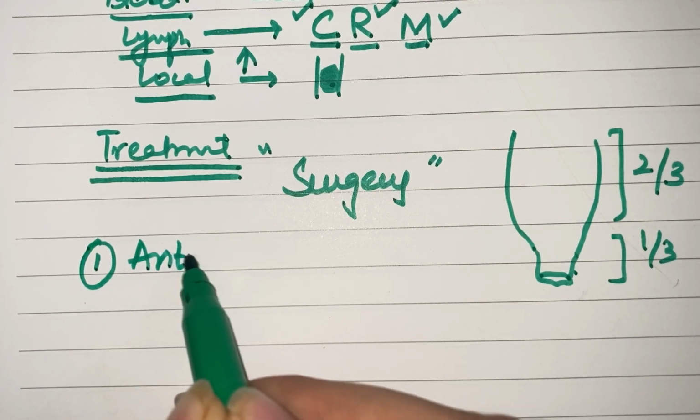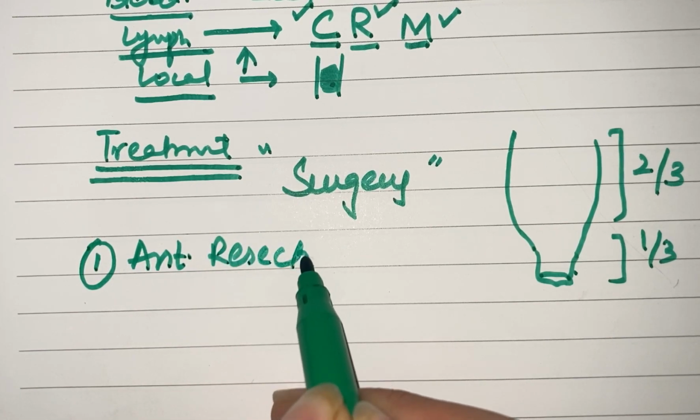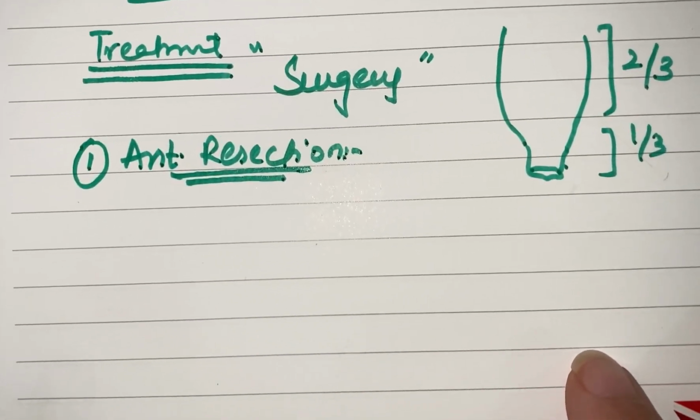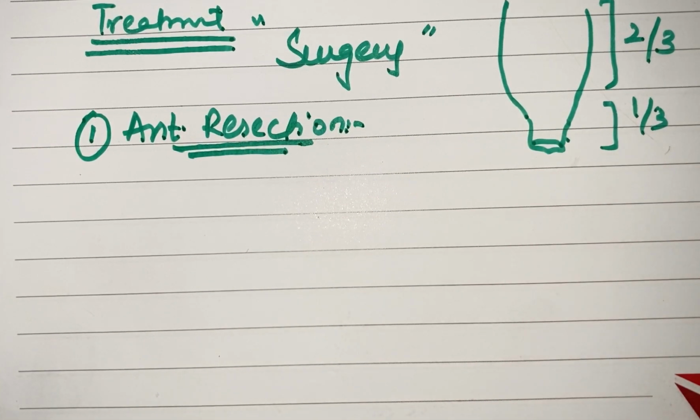First is the anterior resection. Now just follow me, and open your mind. Whenever we do a surgery, first of all we have to give an incision. Then we maintain the hemostasis of the respective area so that bleeding doesn't occur, because we have to cut that area.